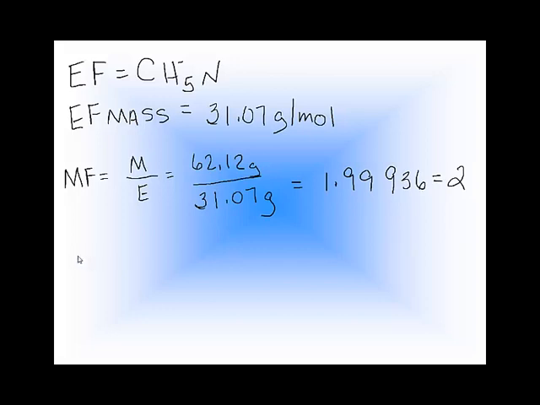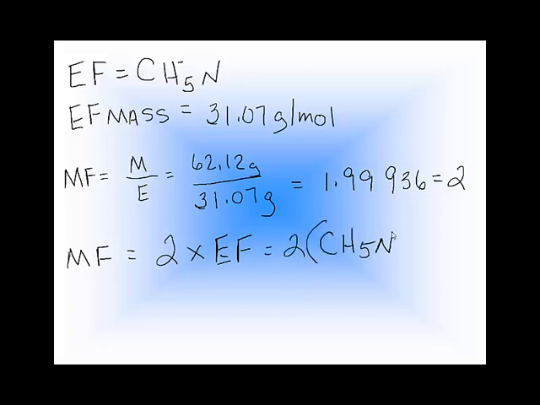So the last part, the molecular formula, then will be 2 times whatever the empirical formula is, which is going to be 2 times CH5N, and that is going to be C2H10N2, and that's a very simple problem to do.